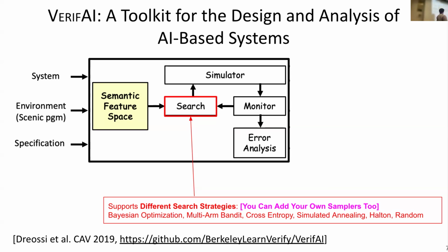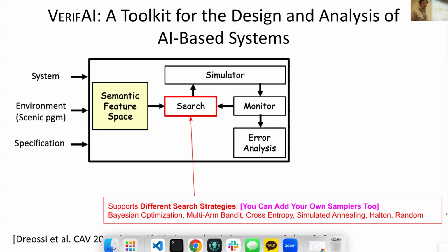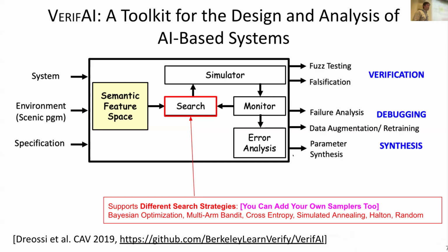Things that are supported already right now are things like Bayesian optimization, multi-armed bandit, cross entropy, and so on, right? As to the use cases of VerifAI, there can be many different use cases, things like fuzz testing and falsification. Falsification meaning you intentionally search for scenarios that violate your evaluation criteria more and more, right?